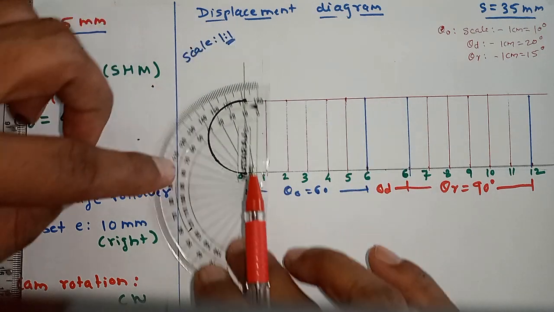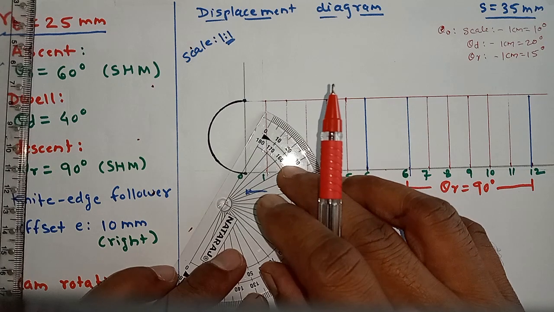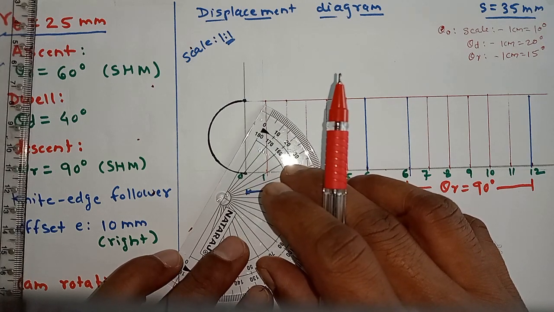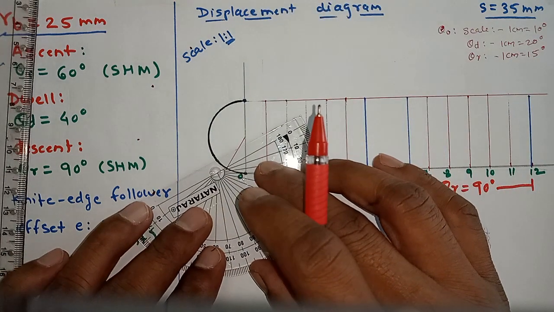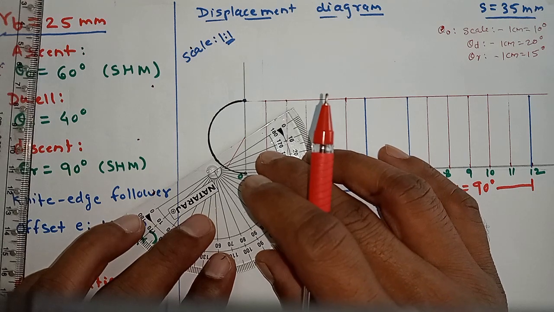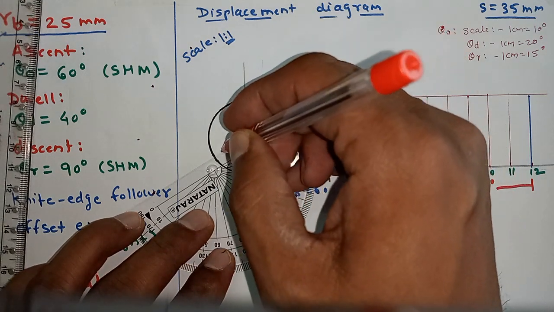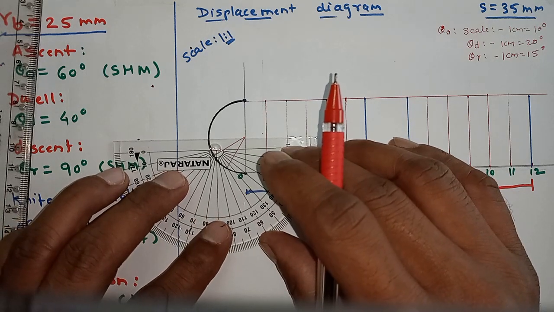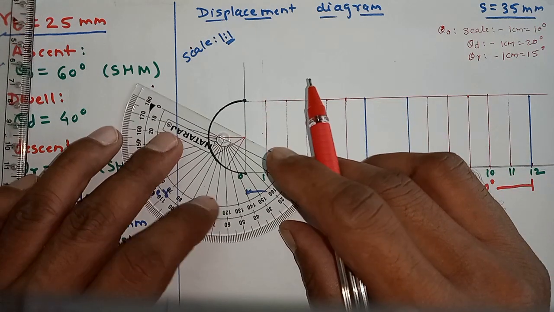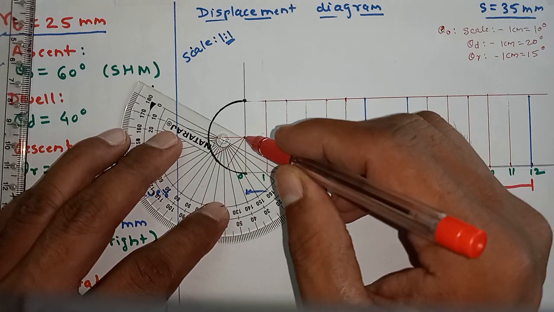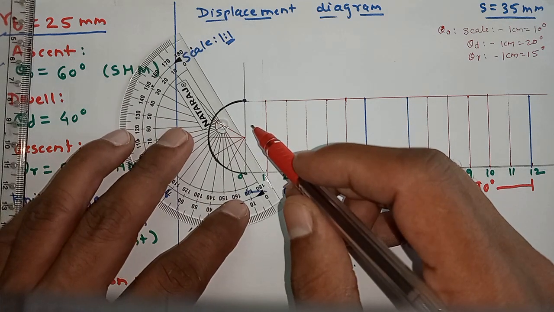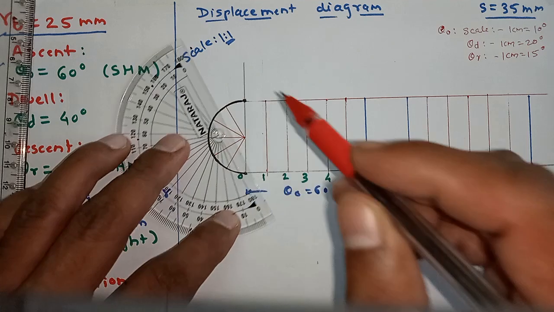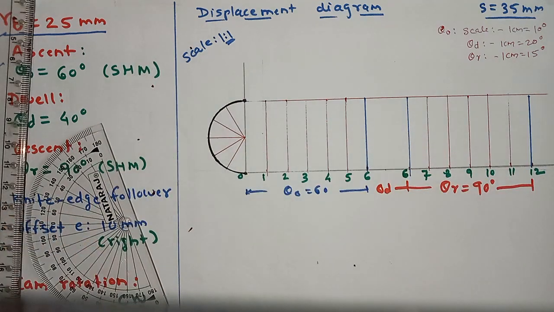So 1, 2, 3, 4, 5, 6. I have divided the semi-harmonic circle into 6 equal parts.